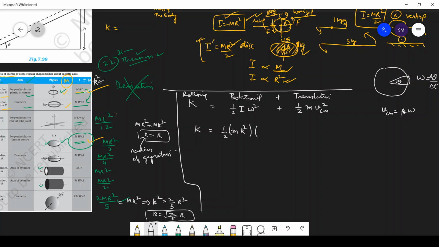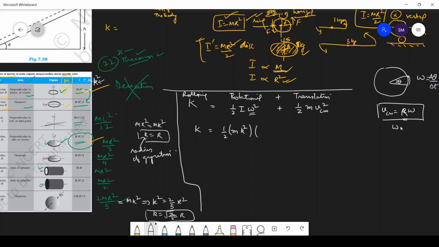Here we are taking the disk, so this r is capital R, so VCM is equal to r omega. Putting these values here, what do we get? Let us write them in the form of VCM.